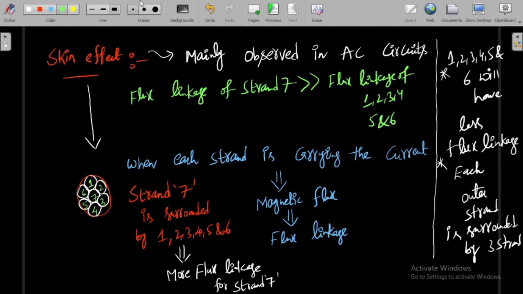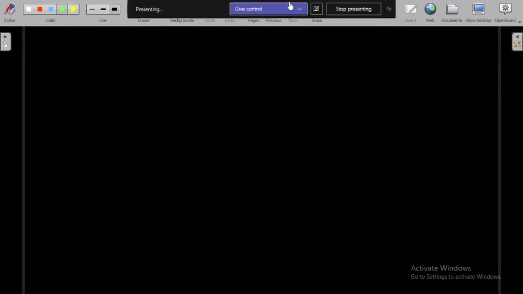Now let me erase all these things so that you can have only one. So you have 7 strands like this: 1, 2, 3, 4, 5, 6 and this is another strand. The strand 7 will have more flux linkage, whereas strands 1 to 6 have less flux linkage.